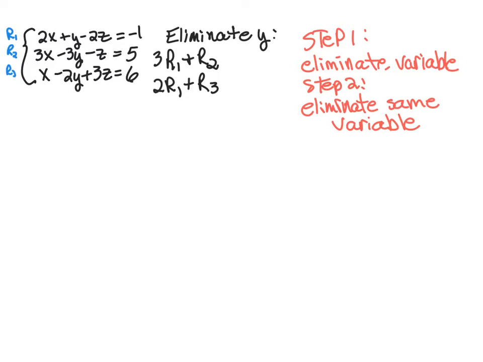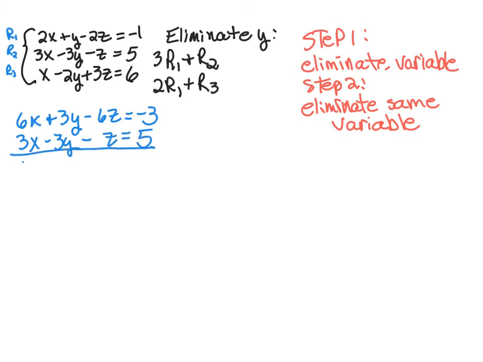So we've got 3 times 2x, 3 times y, 3 times minus 2z, and 3 times a minus 1 on the right-hand side. The next thing we're going to combine with row 2, so I just copy this row as it is. 3x minus 3y minus z equals 5.